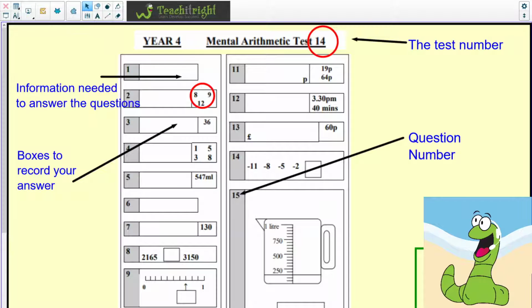How much did he have left? Question 12. Sarah left school at 3:30 p.m. and got home 40 minutes later. What time did she get home?